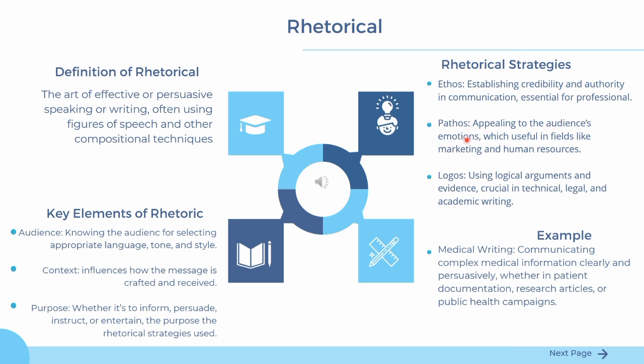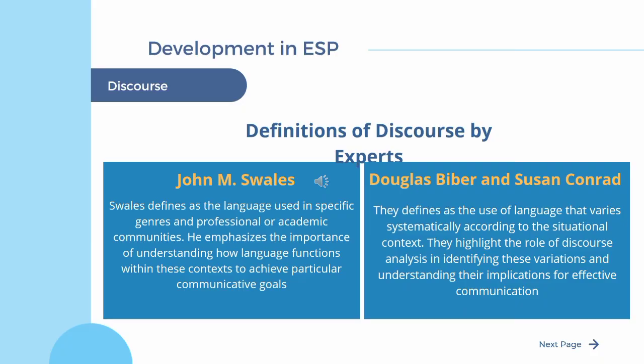And the last is logos, using logical arguments and evidence, crucial in technical, legal, and academic writing. For example, medical writing is communicating complex medical information clearly and persuasively, whether in patient documentation, research articles, or public health campaigns.